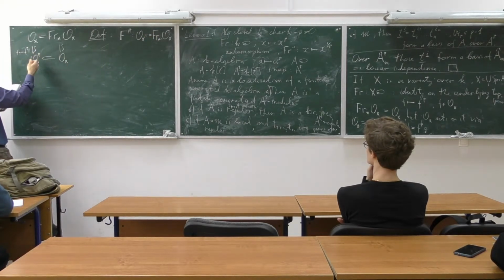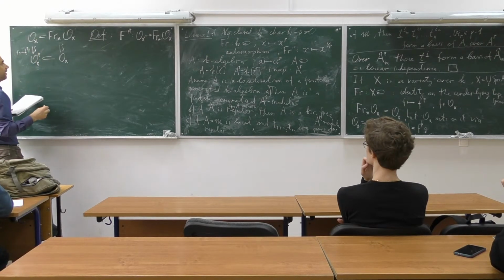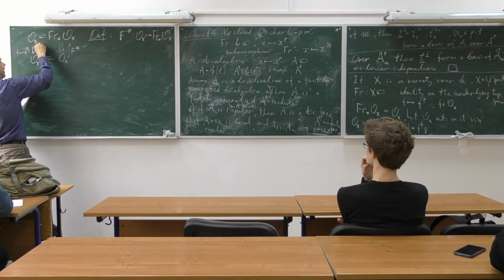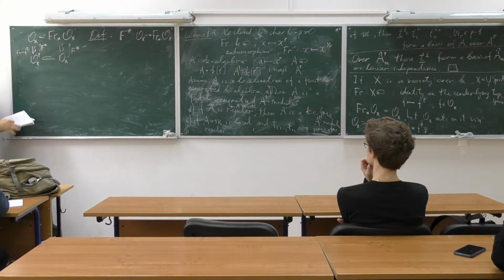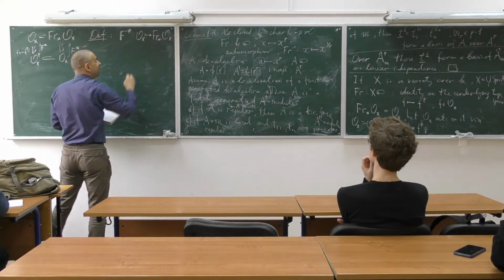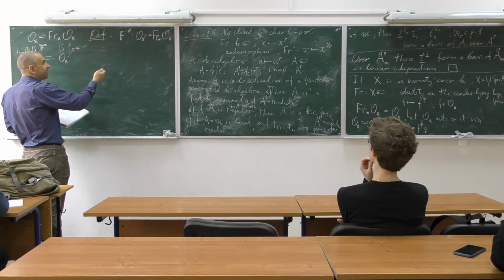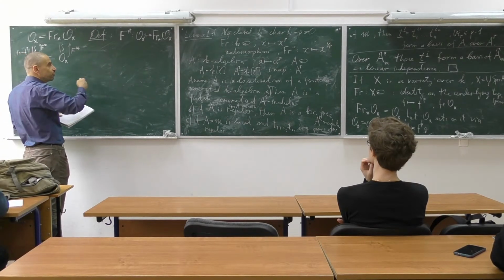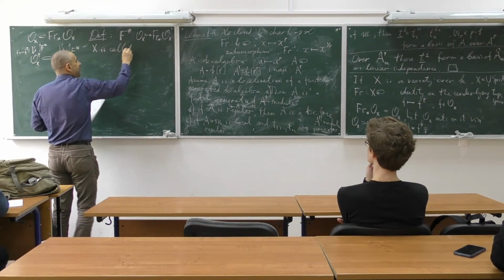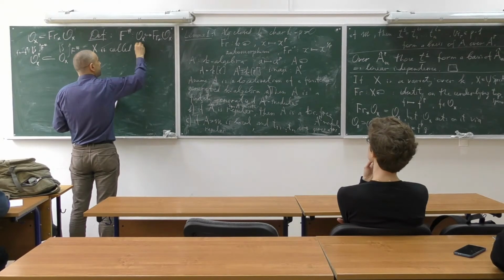Well, in this sense, it is just an embedding of p-th powers into the whole ring. Yeah, we have such an embedding, and this embedding should be split. So X is called Frobenius split.